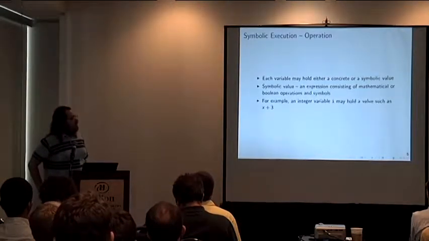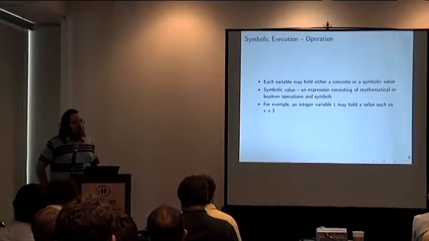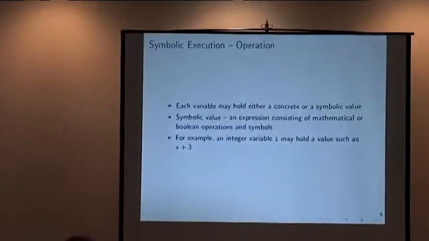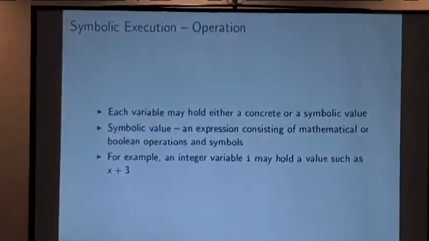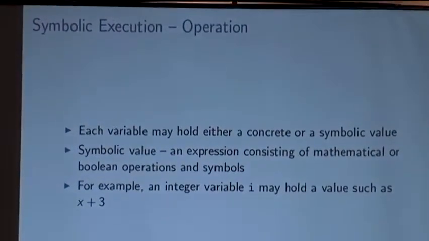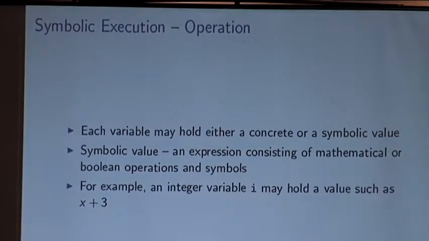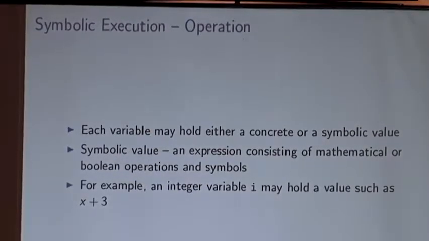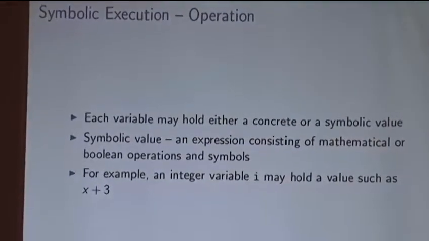So the way symbolic execution works is we essentially execute the program except with variables which may contain concrete or symbolic values. An example of a concrete value is 2. A symbolic value is made up of symbols and could be something like x plus 3.